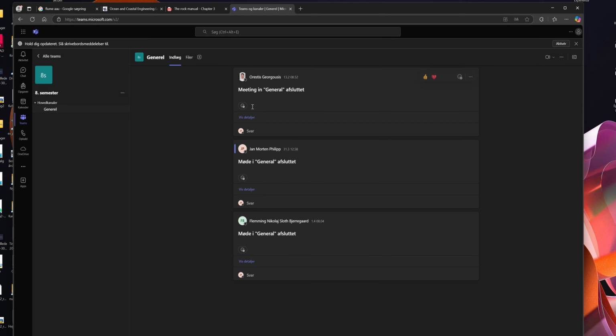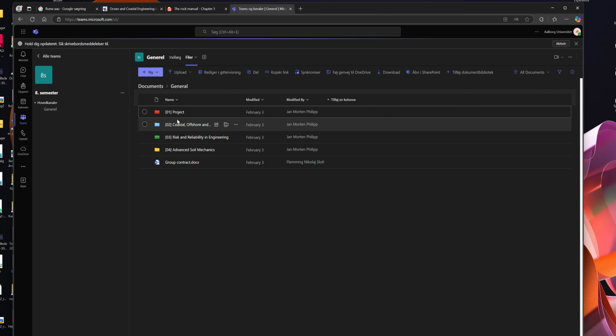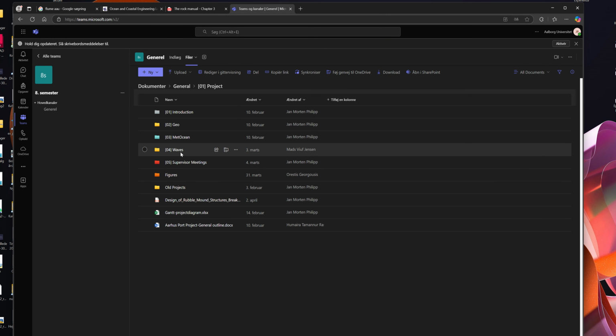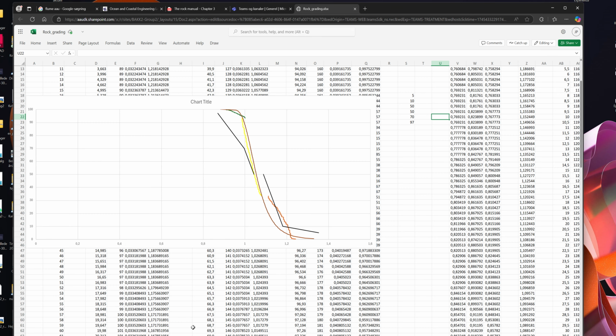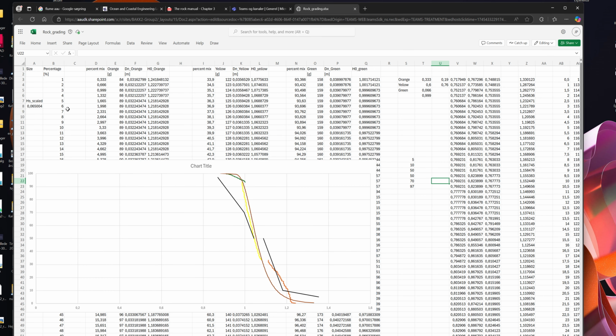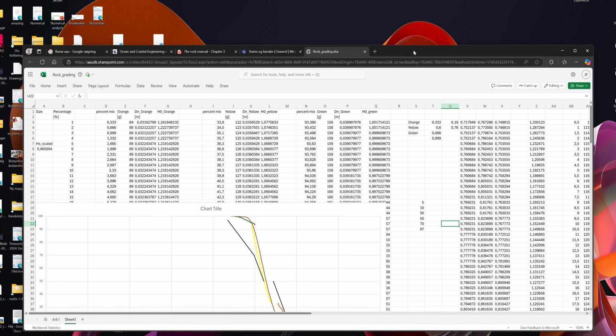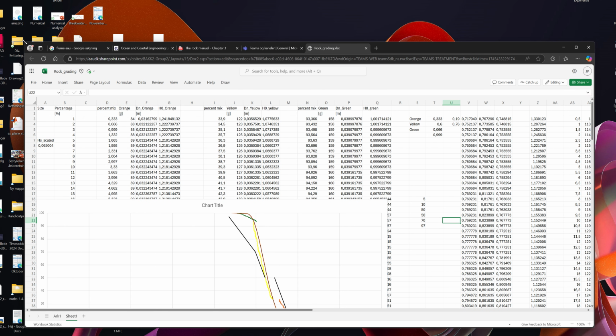So if we look into the project here, we can see that I'm opening the rock grading Excel sheet. So the homepage is not fully onto that. Yes. Perfect.